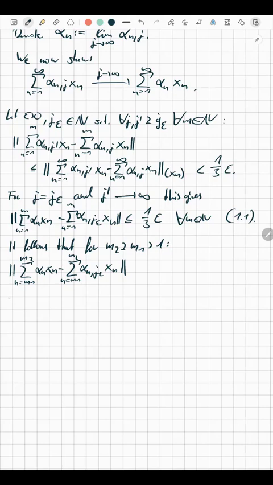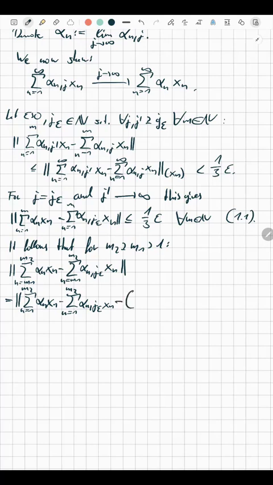This is the same as, and now we apply the same technique as earlier, taking the dimensions from 1 to m2, alpha n xn minus the sum from n equals 1 to m2 of alpha n j epsilon xn.